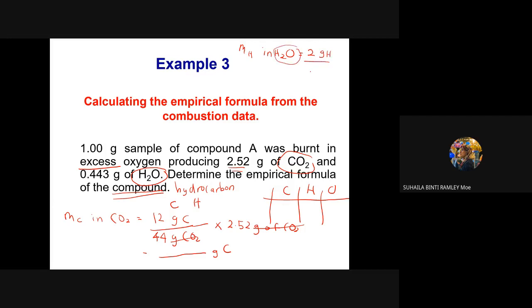Total water? 2 plus 16, 18 gram of water, times the given mass of water, 0.443 gram H2O. Then we will get the mass of hydrogen.